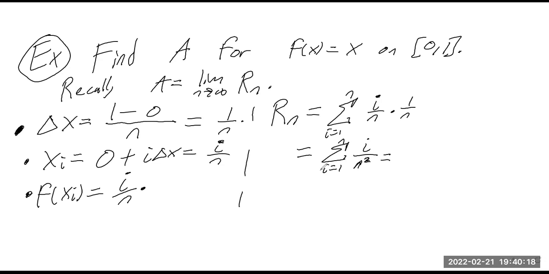Now the denominator here of n squared doesn't depend on i. So you can essentially treat it as a constant and factor it out of the sum. Then what would be left in our sum is just i summed up from 1 to n.